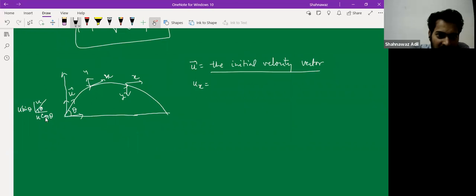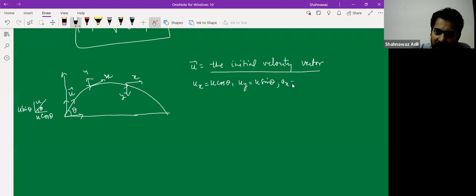U cos theta, right? From the vector classes. And the vertical component is u sine theta. Let's write all the information that we have. So ux is u cos theta, and uy is u sine theta.